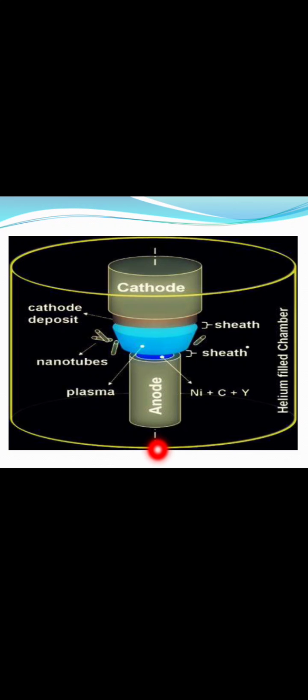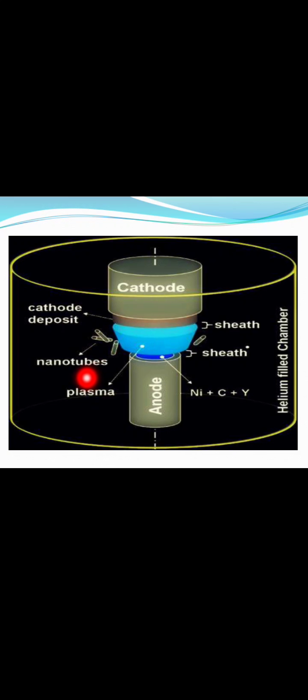While the potential difference is applied, the anode ejects the carbon atoms and they go to the arc column. Thermionic emission occurs here, and at that time the plasma is achieved on the cathode side. This plasma vaporizes the material in the presence of nickel, cobalt and some other iron materials.